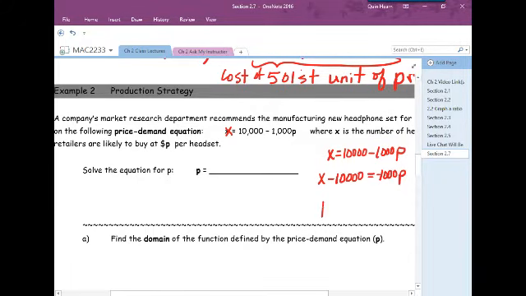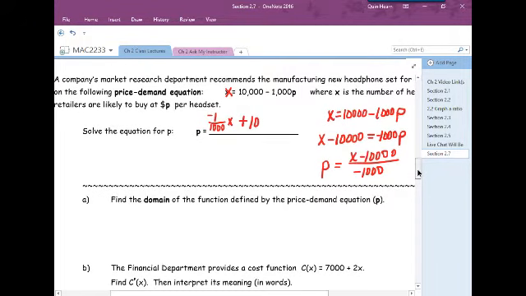So P equals (X minus 10,000) divided by negative 1,000. Or you could divide each part by 1,000, and you would get P equals negative 1/1000th of X plus 10, or X over negative 1,000 plus 10.